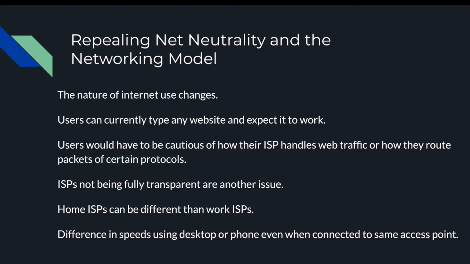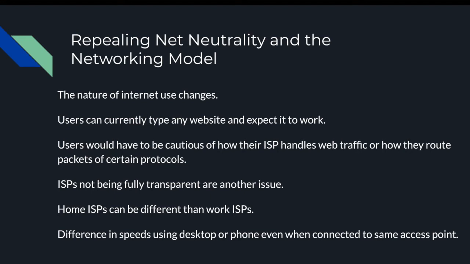So let's talk about repealing net neutrality and the networking model. The very nature of the internet would change. Right now, we can assume that we type any website and it will work. However, without net neutrality, we'd have to be cautious of how our ISP handles web traffic or how they route packets of certain protocols. Another issue is ISPs not being fully transparent.